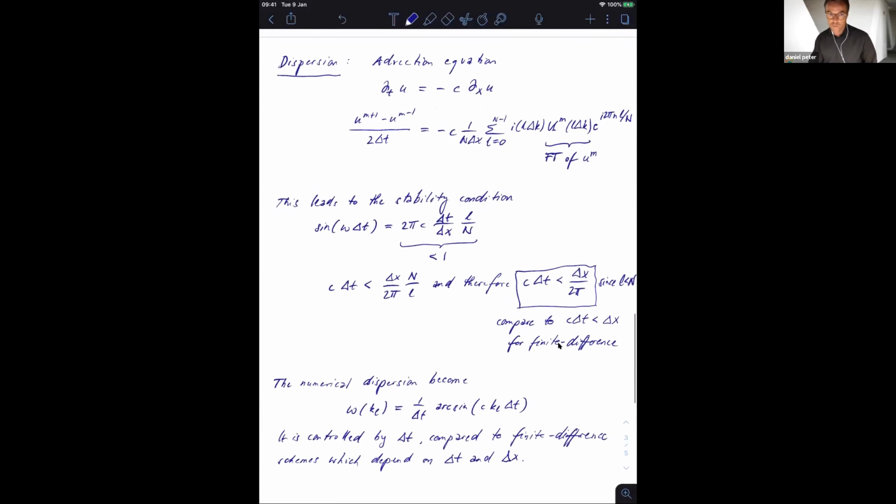Good. Do you have questions to that? It's mostly done just to point out the difference to the finite difference schemes that we looked at before. So we take a simple example here, the advection equation, look at the stability condition, compare it to finite difference schemes, and look at the numerical dispersion of such a discretization.